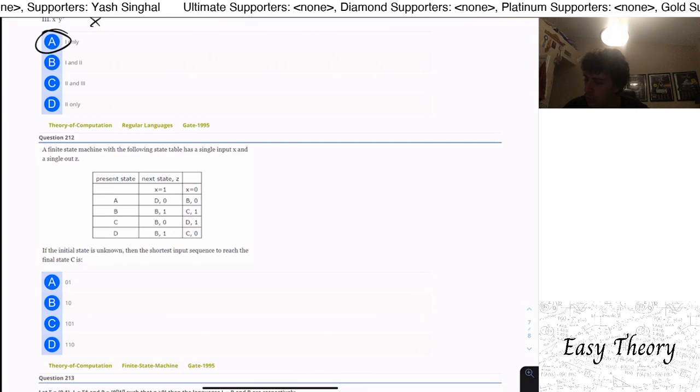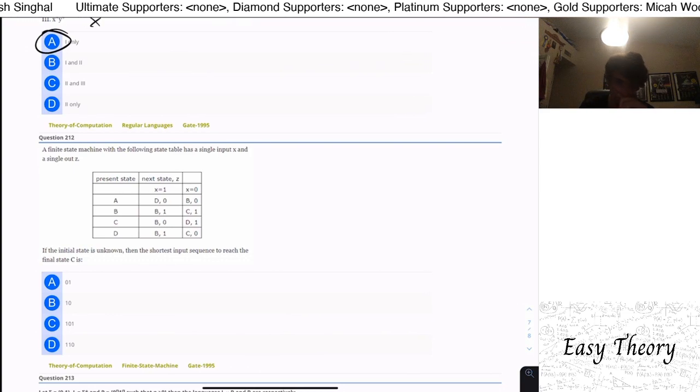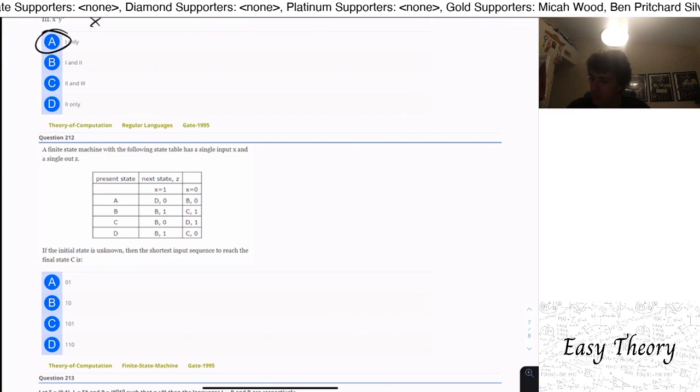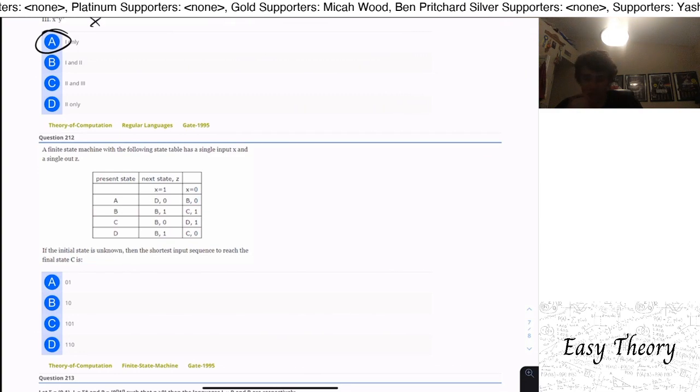So we must reach either B or D. So if we're in A, 0 1 will get us there. If we're in B, 0, 1. Yeah, so 0, 1 won't work.